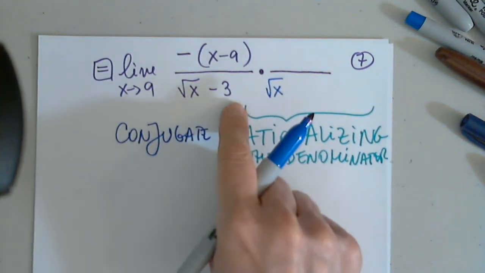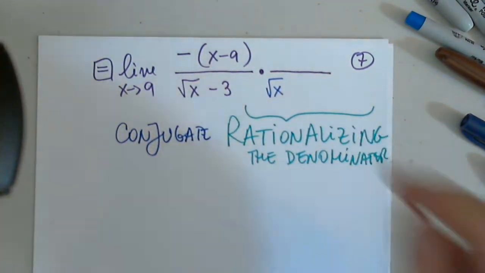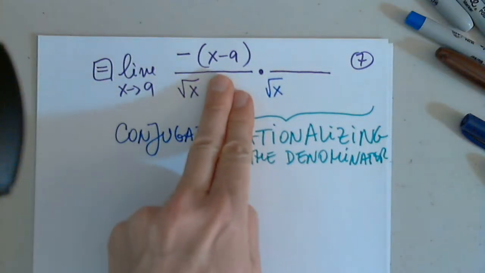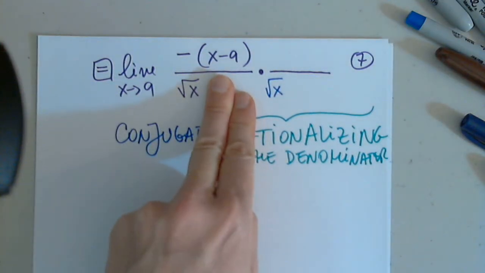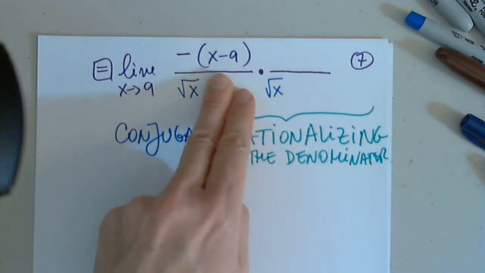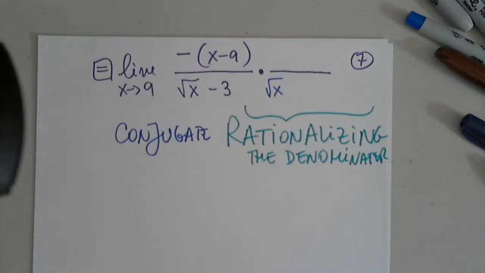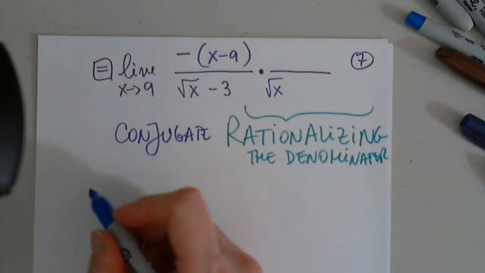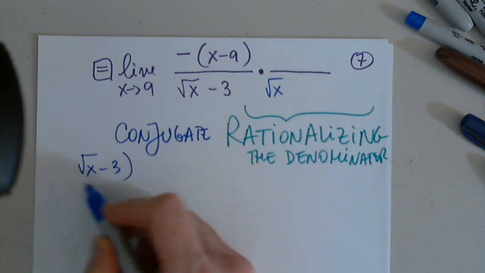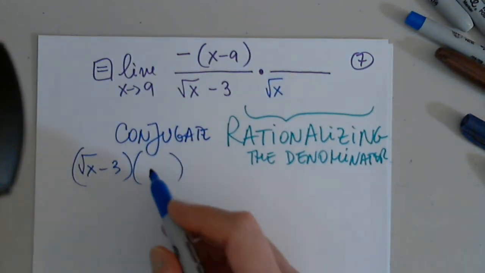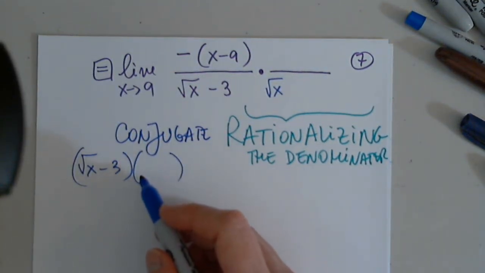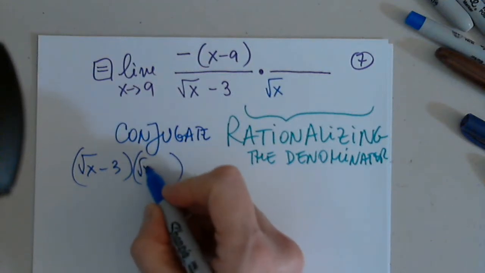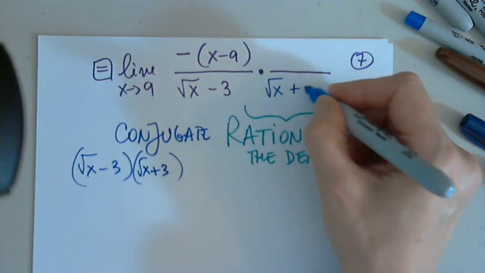There are two terms. If it's one term, I would say, yeah. If I only have this, I will only need to multiply by the square root of x. But I don't have just one term, I have two terms. So what is the conjugate of the square root of x minus 3? Would it be plus 3? Correct. So both of them have to take.